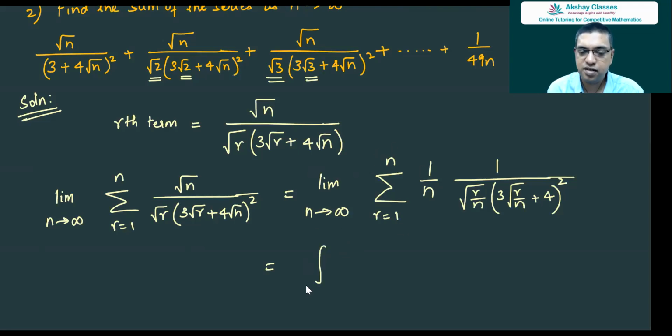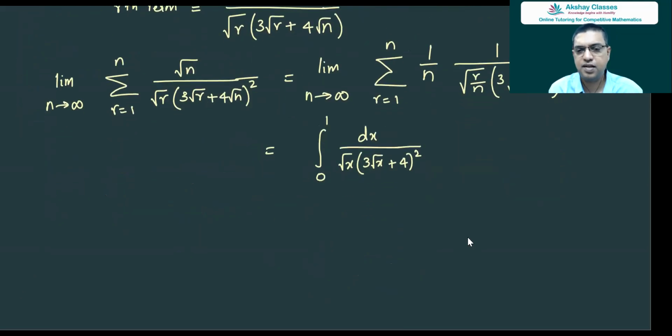This expression is replaced by integral 0 to 1. 1 by n is replaced by dx, and r by n is replaced by x. So now evaluating this integral, put 3 root x plus 4 as t.